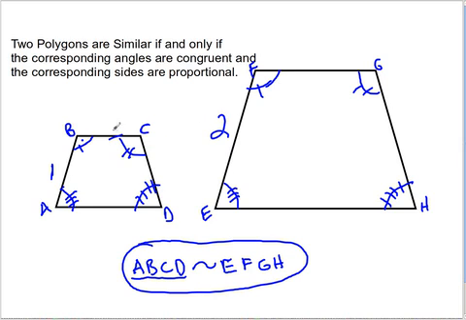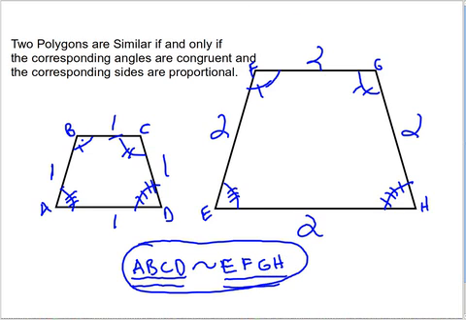This is twice as long. Same ratio for this side, same ratio to this side, same ratio for this side. As long as all four sides are proportional and all four angles are congruent, then we can say that this ABCD, this trapezoid, is similar to this trapezoid EFGH.